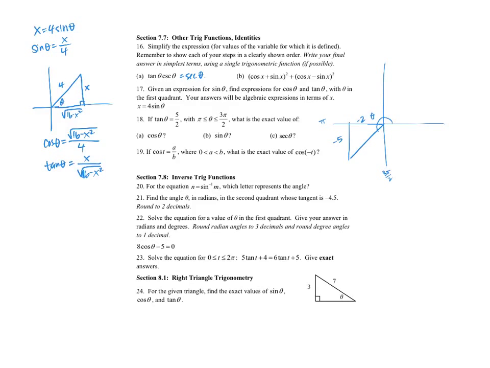Okay, so what is cosine theta? What I can do is solve for the third side of the triangle here. So negative 5 squared plus negative 2 squared is equal to c squared. And so what does that give me? c is equal to square root of 29.